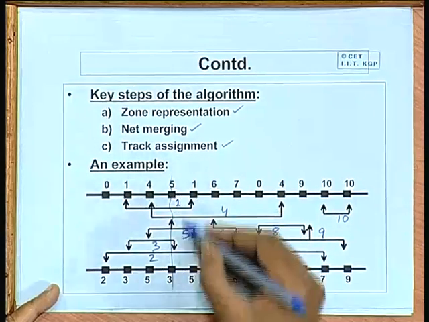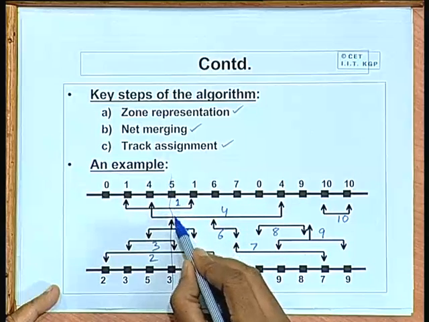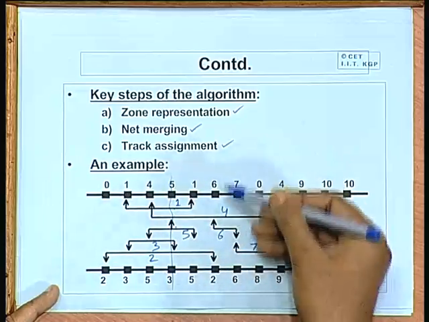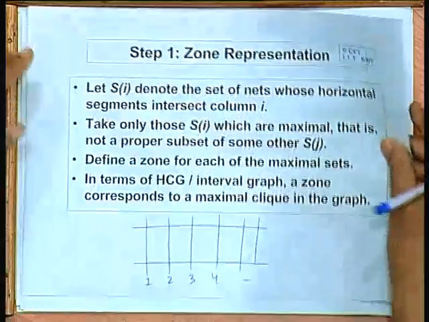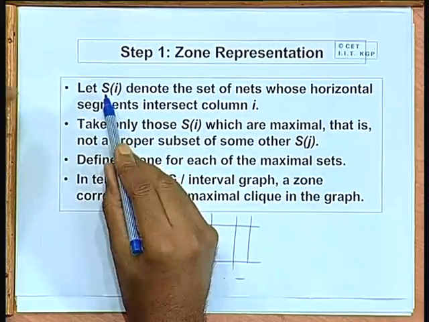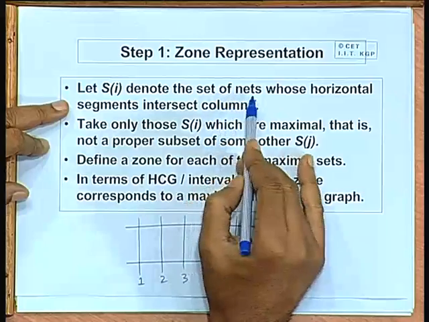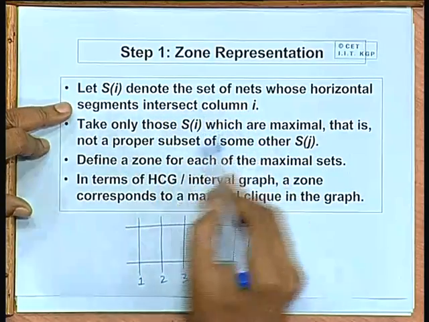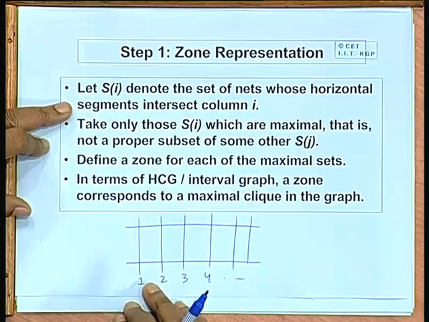Column 4 intersects net 1, net 4, net 5, net 3 and net 2, 5 nets. So, each column will be intersecting some nets that we denote by this set Si. This Si will denote the set of nets whose horizontal segments will intersect column i of the channel. Okay.